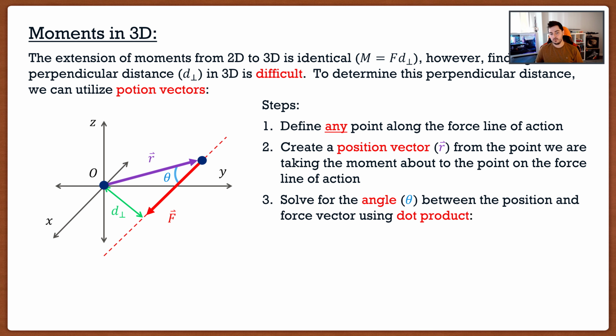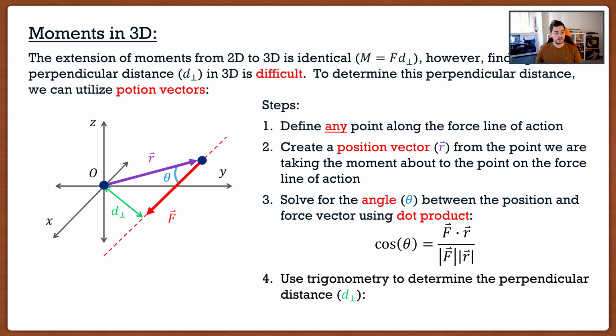So the first thing to do would be to solve for that angle, and we have a nice formula with the dot product where cosine of theta is equal to my force vector dotted with my position vector, divided by both magnitudes. And again, since we created a nice right triangle, we can use simple trigonometry to solve for that perpendicular distance, where the perpendicular distance is going to be the magnitude of that position vector multiplied by sine theta.